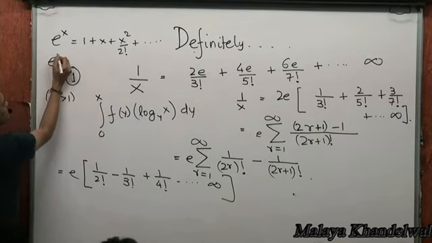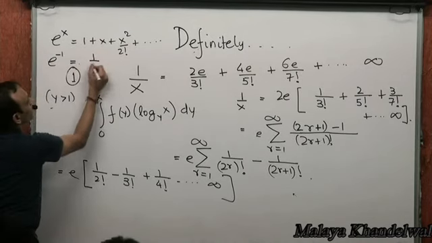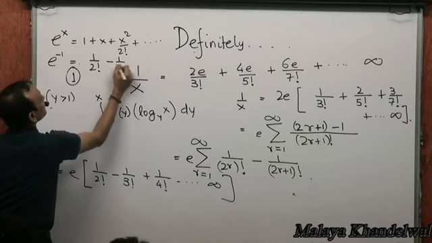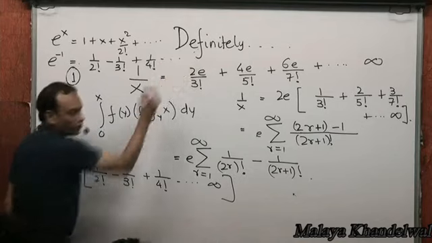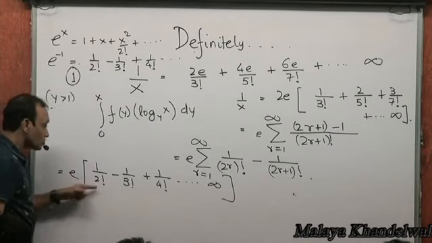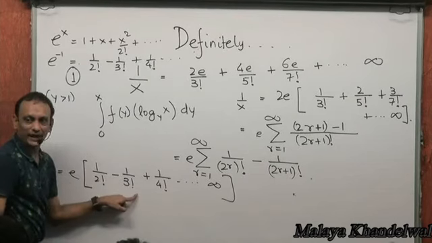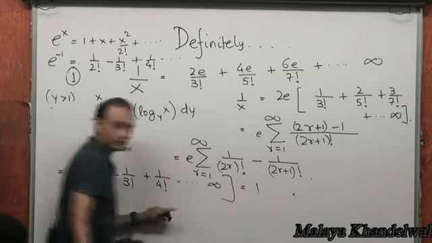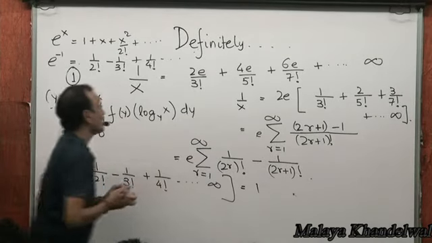Put x equal to minus 1, e power minus 1, 1 minus 1, 0. That will give me 1 by 2 factorial minus 1 by 3 factorial plus 1 by 4 factorial, and so on and so forth, right? So this will become 1 by e. This is e into 1 by e, that makes it 1, right? Which means in this integral, x is 1.